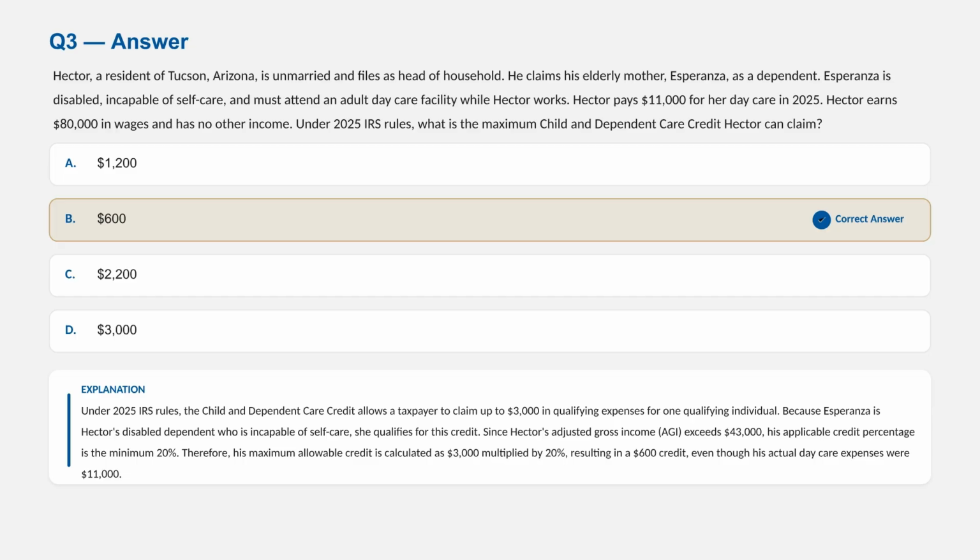Since Hector's adjusted gross income AGI exceeds $43,000, his applicable credit percentage is the minimum 20%. Therefore, his maximum allowable credit is calculated as $3,000 multiplied by 20%, resulting in a $600 credit, even though his actual daycare expenses were $11,000. Great. Now let's move to our next question.